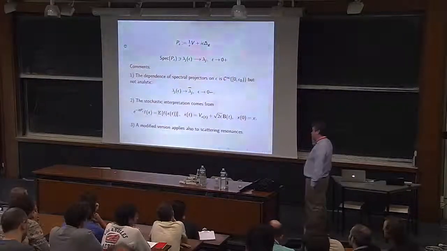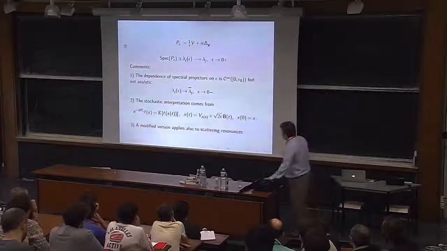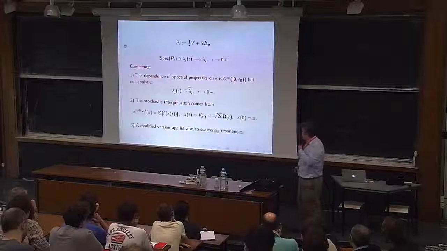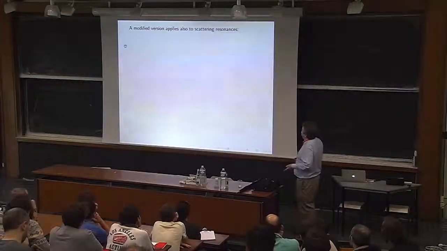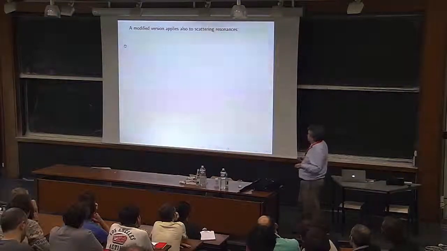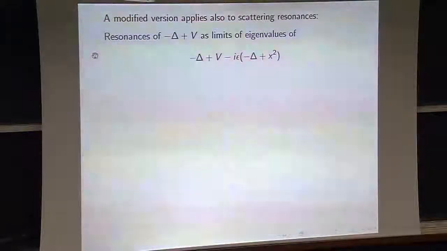Now, what is really strange, and I must say this is a little embarrassing, I never thought about this, but while preparing this talk, I realized that the same definition applies in all other settings. Namely, if you take scattering resonances, say a potential on the line, you add to it, and you see no i here because this is a self-adjoint operator, some operator which will become elliptic near infinity in each sense.